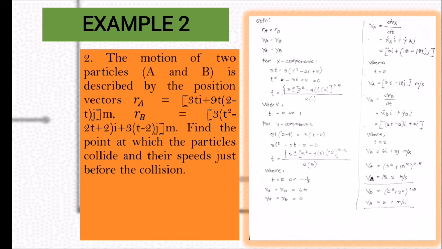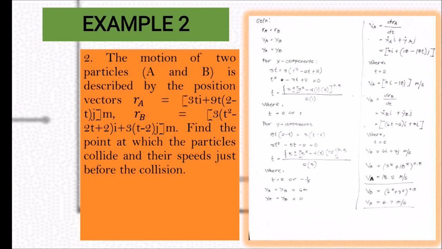Then, proceed tayo sa v sub A is equal to derivative of r sub A over derivative of t, equal to first derivative of x sub A times i plus first derivative of y sub A times j. Then we have 3 times i plus 18 minus 18 times t times j, where t is equal to 2.